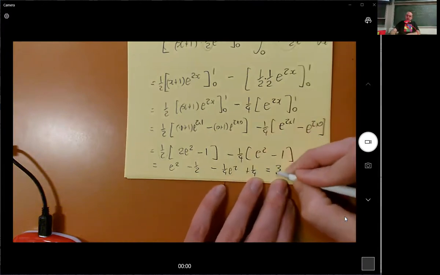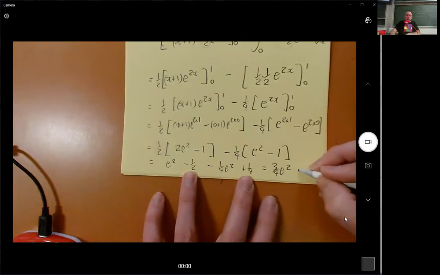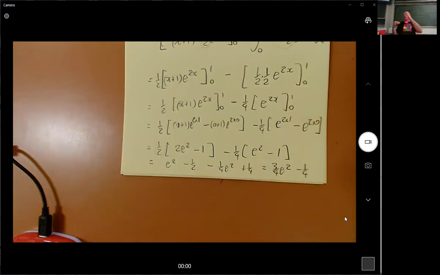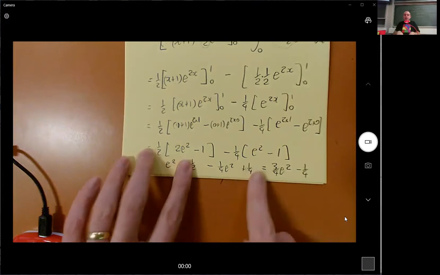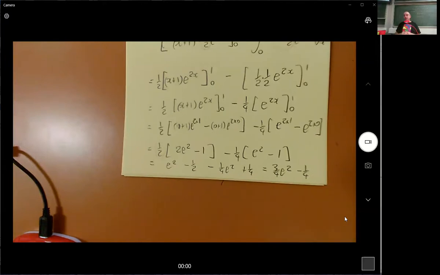And so I've got 3/4 of e squared minus a half plus a quarter. If I go down a half and up a quarter, then there's a quarter left to go. Like a quarter is half of a half. Yeah, a half minus a quarter is a quarter, but it's minus a half plus a quarter, so it's minus a quarter. That's the answer, which if I had a calculator, I could figure out.